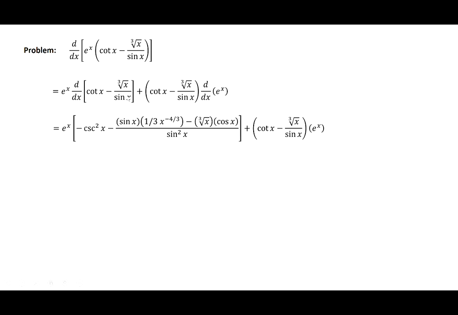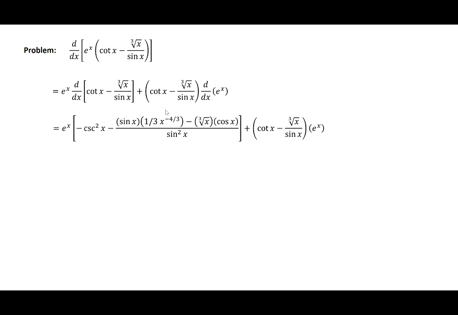And now for this, I did low d high minus high d low over low low. Sin x is low, and d high is the derivative of the cube root of x. The cube root of x is x to the 1/3, so the derivative should be 1/3 x to the 1/3. No, it's n x to the n minus 1.